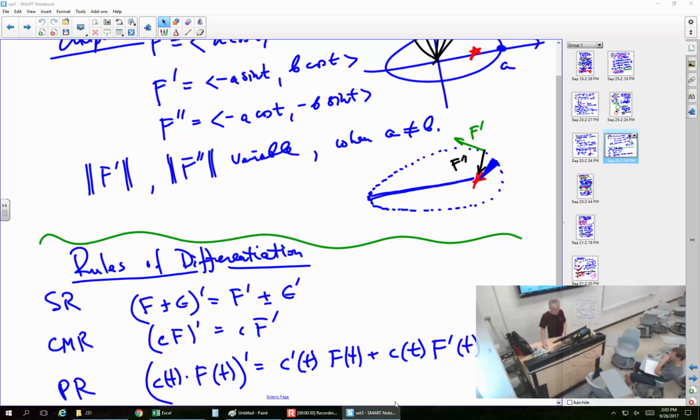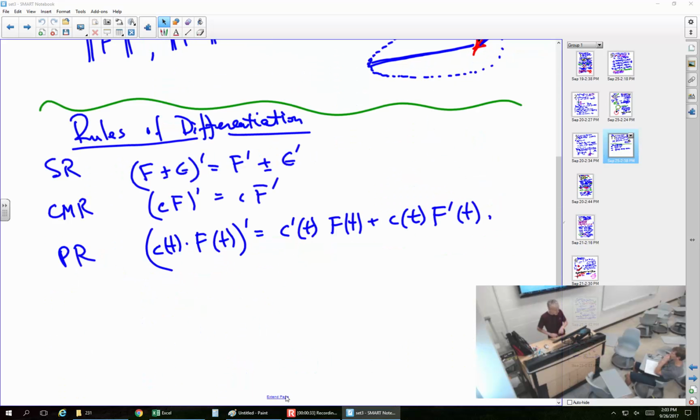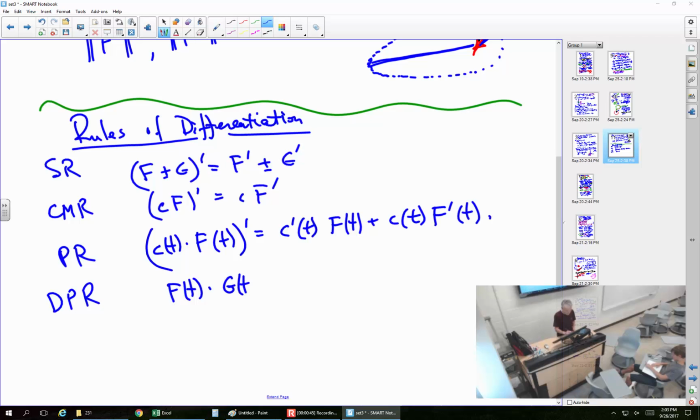And in the meantime, you have a similar product rule for the dot product. So that f of t dot g of t together they produce a scalar function, and if you differentiate that, the formulas are exactly the same.